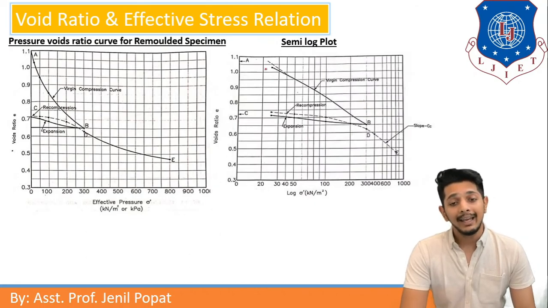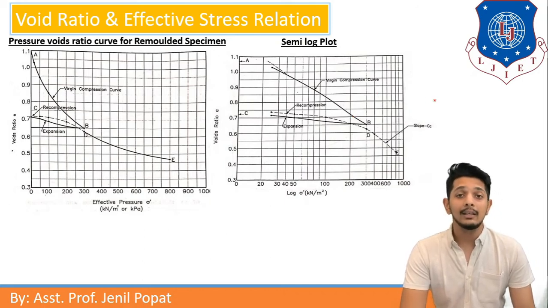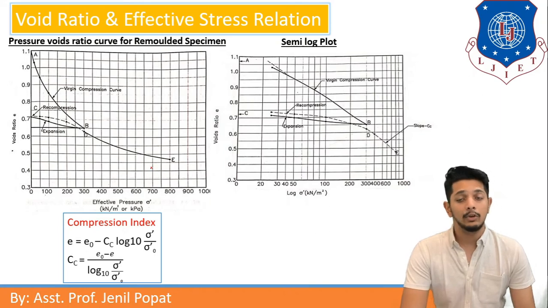Here we can see line AB and line CB are straight. So Terzaghi has given some empirical formulas from these straight lines, curves and their slopes. Compression index: Terzaghi has given e is equal to e0 minus Cc into log 10 base sigma dash upon sigma 0 dash.